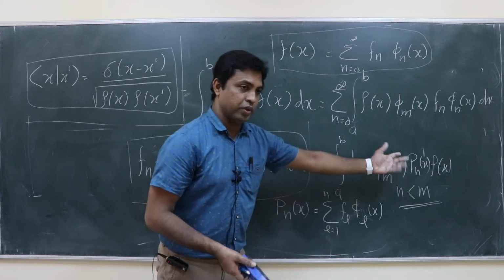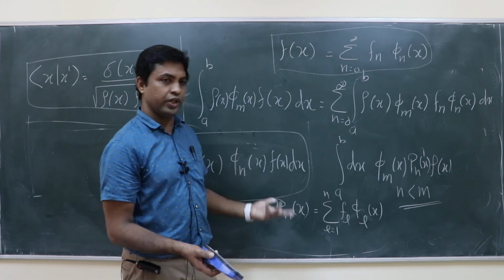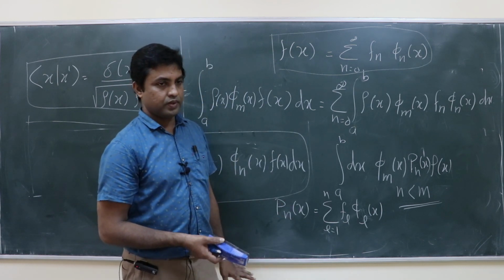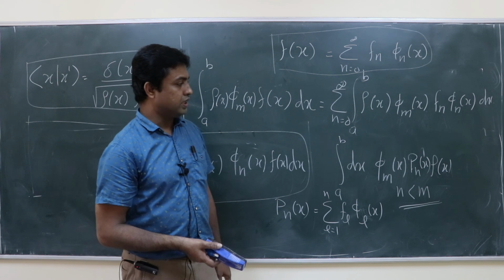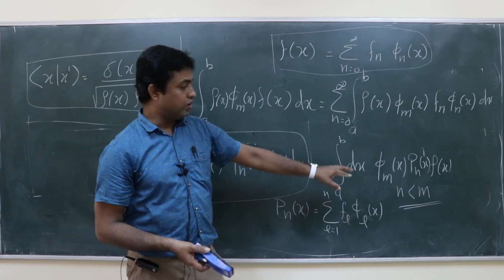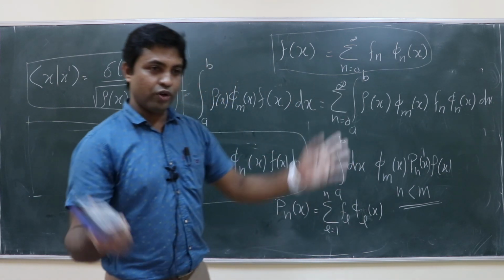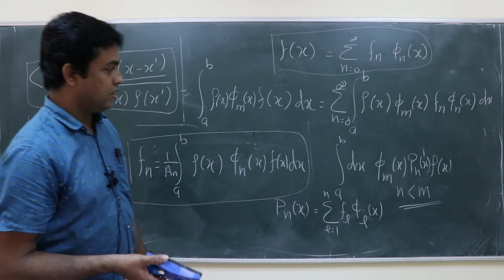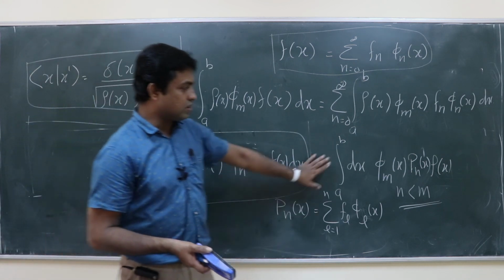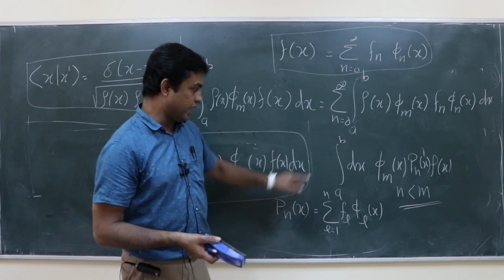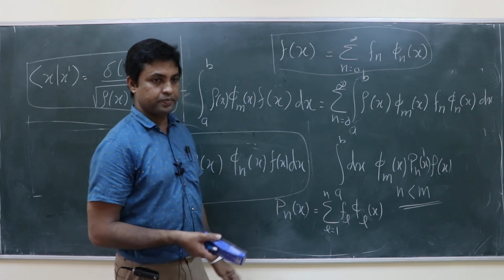So x power n is one special case of p n of x. I hope all of you understood it. So this quantity is also 0 where n is less than m.